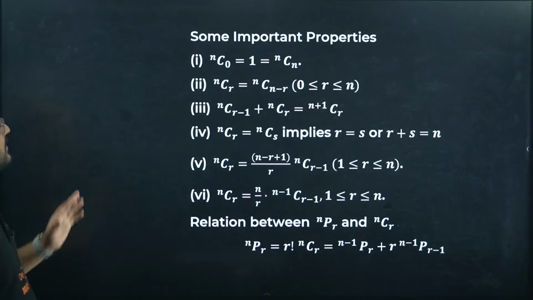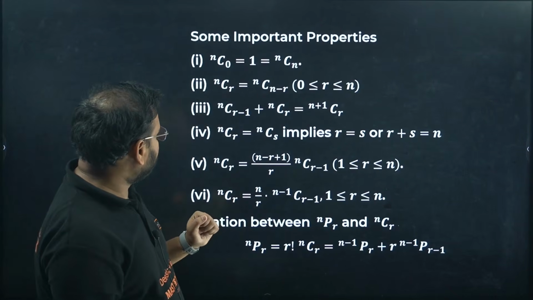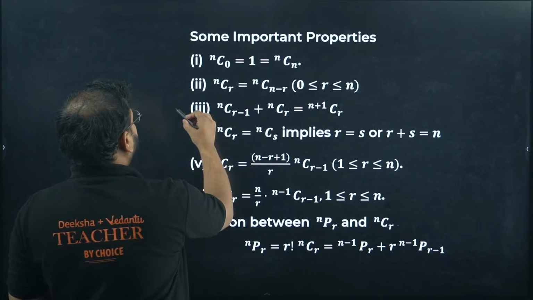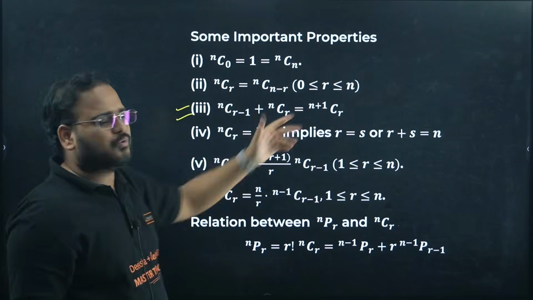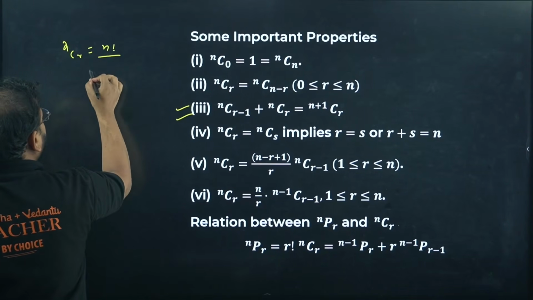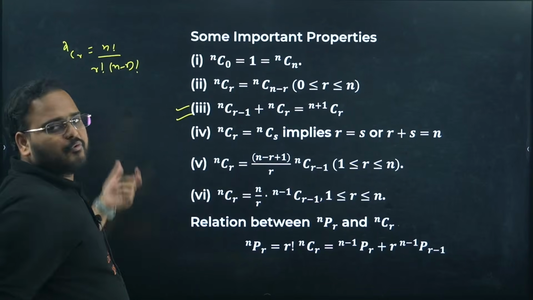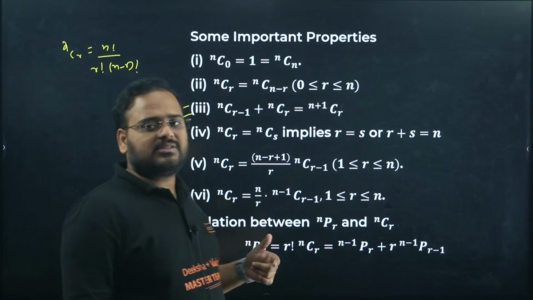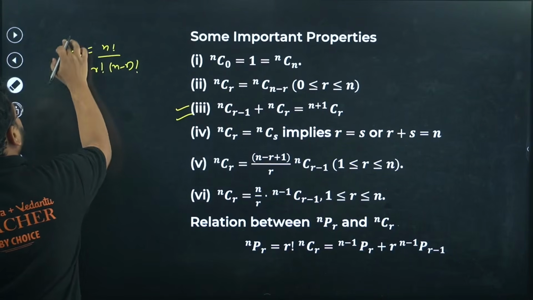Getting it? Some important properties. I'll show you one question based upon one of the properties over here. So NC0 is always 1, sir. How can you do that? Use the formula. NCR is given by n factorial upon r factorial n minus r factorial. All these properties can be proved using this expansion or understanding of NCR.